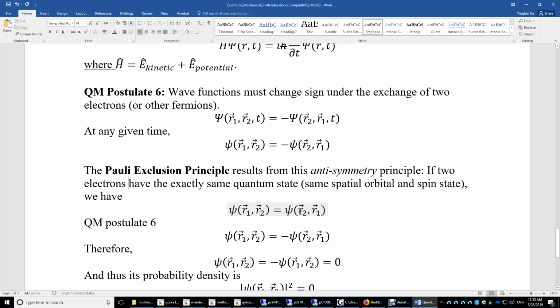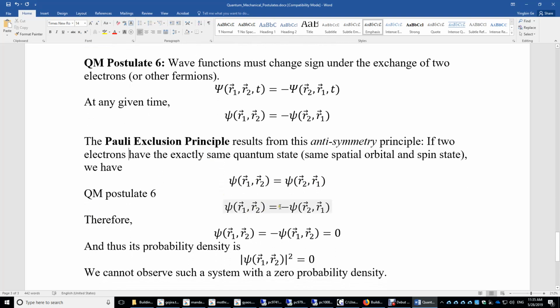So we have 1s alpha and 1s alpha. And then if you look at this wave function, if the two electrons are occupying exactly the same spatial orbital, 1s orbital, with exactly the same spin, both alpha spin, we have this equation here. The quantum mechanical postulate 6 tells us if we swap two electrons, the sign must change. So in this equation, we have one additional negative sign here.